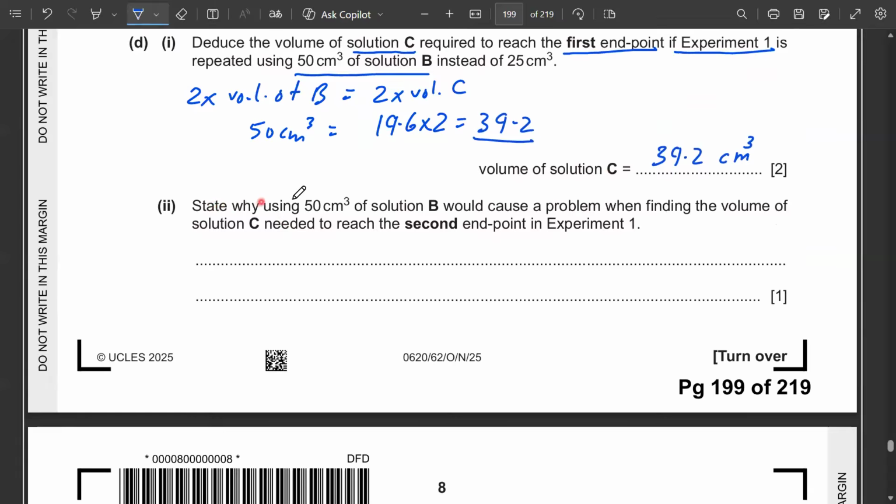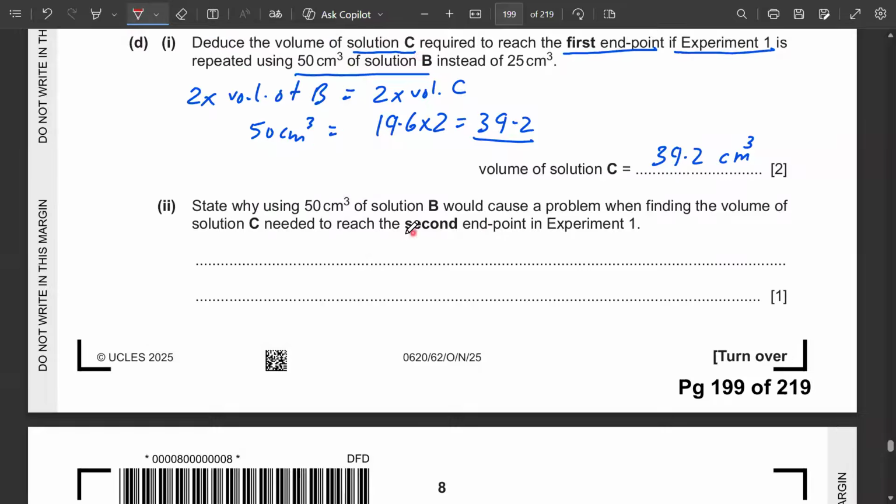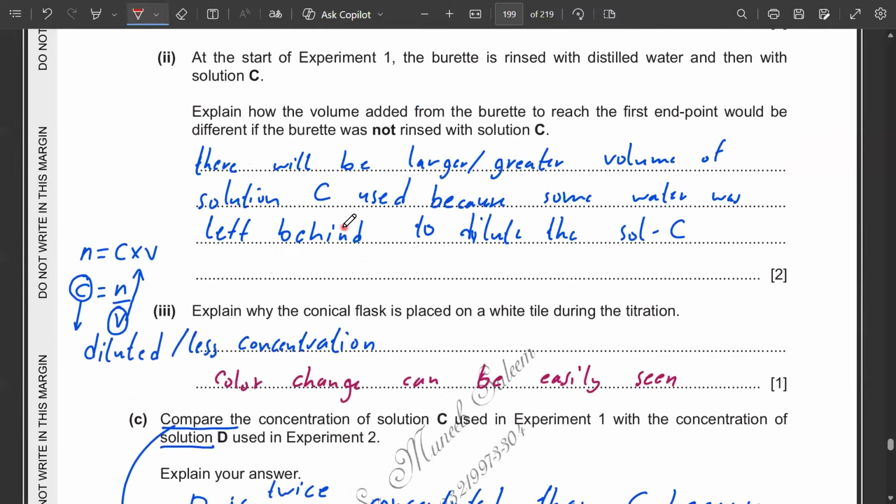The next part: state why using 50 cm cube of solution B would cause a problem when finding the volume of solution C needed to reach the second endpoint in experiment 1. Now we have to consider the second endpoint with the same value, 50 cm cube of solution B, which means you have already doubled the volume of B. How much volume of C will be required in the second endpoint?